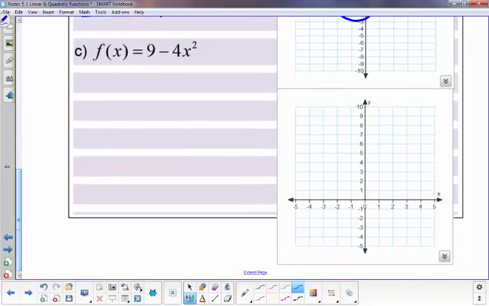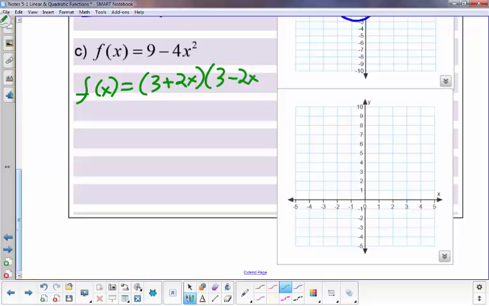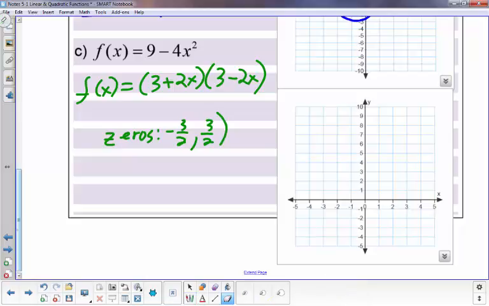All right, let's look at C here: 9 minus 4x squared. That should be easy. It is a difference of perfect squares, which we all love. A plus b times a minus b, or 3 plus 2x times 3 minus 2x. Square root of 9 is 3, square root of 4x squared is 2x. So our zeros in this case are negative 3 over 2 and 3 over 2.